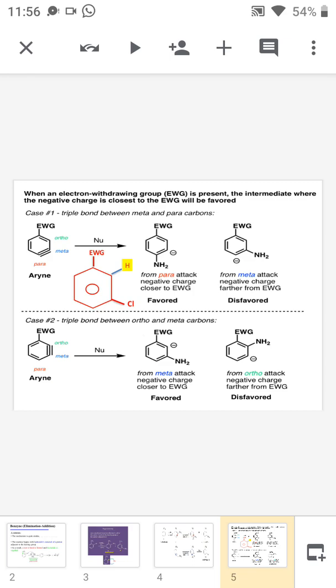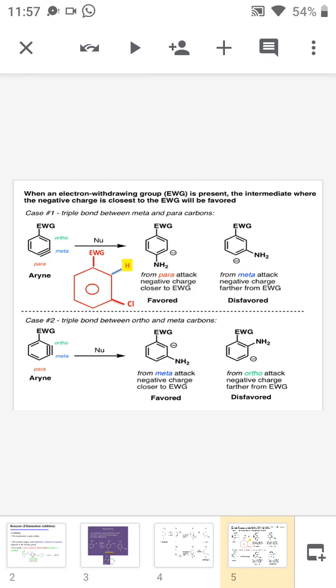That's why this carbanion is more stable. Whereas the other possibility is that the NH2 group attacks the ortho position, so the carbanion is generated in the meta position. Since the carbanion is away from the electron withdrawing group, that is a disfavored carbanion.